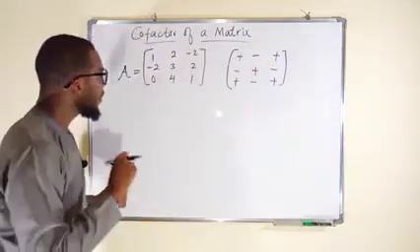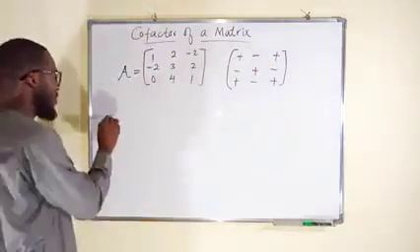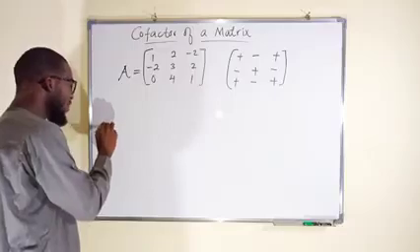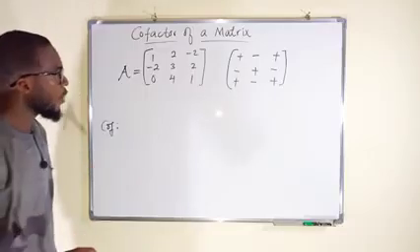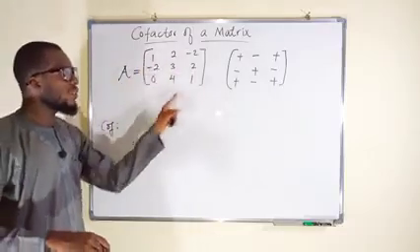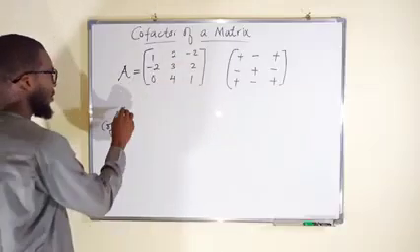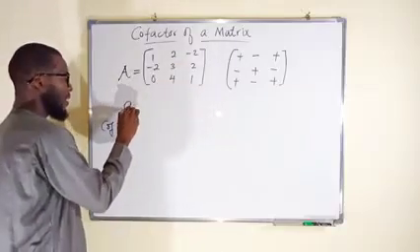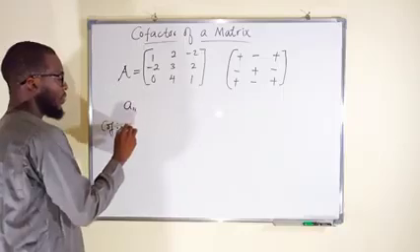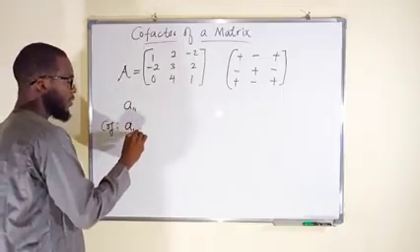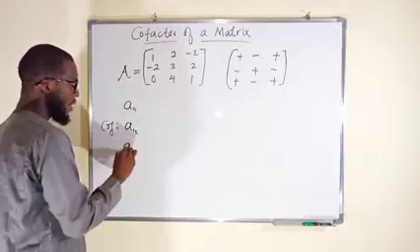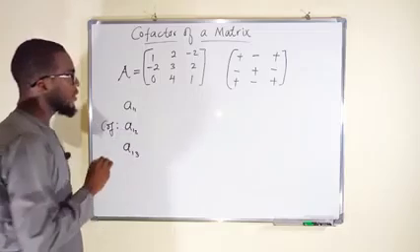Okay, now the cofactors. We are going to find the cofactors of each of these elements. We have A11, we have A12, we have A13.